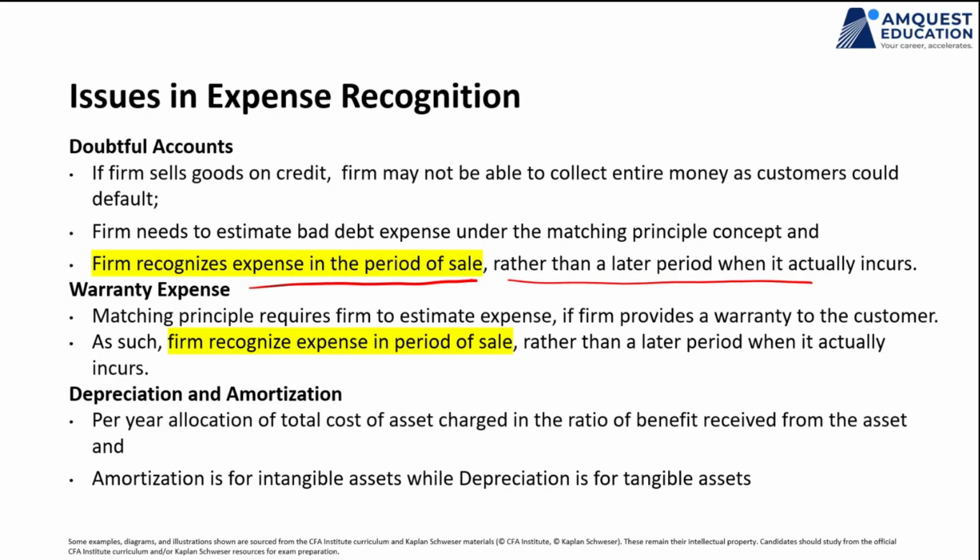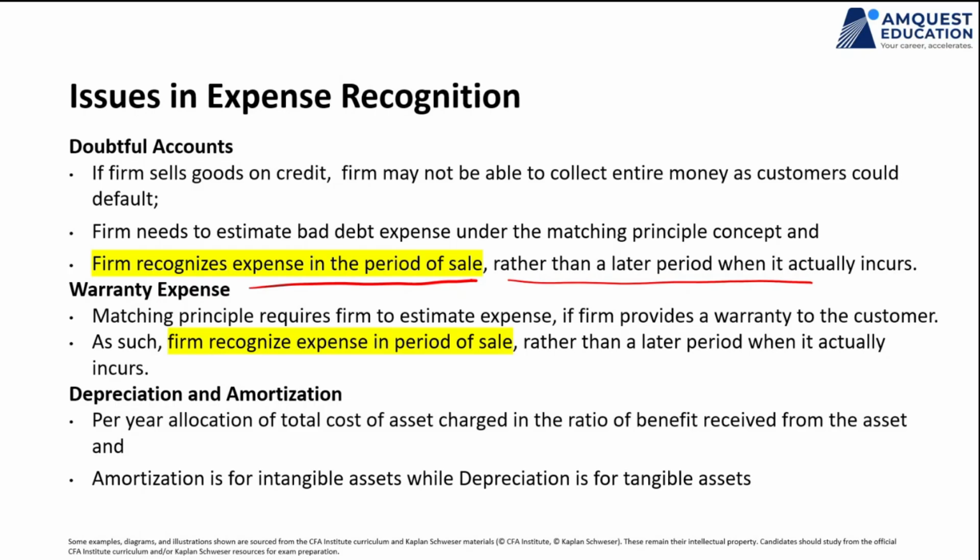Then comes warranty related expenses. We talked about consumer durable companies, or let's say electronic companies, which sell products on warranty. For them also, there is a possibility that some of the warranties are invoked, which means the customer comes back and asks for warranty related expenses.